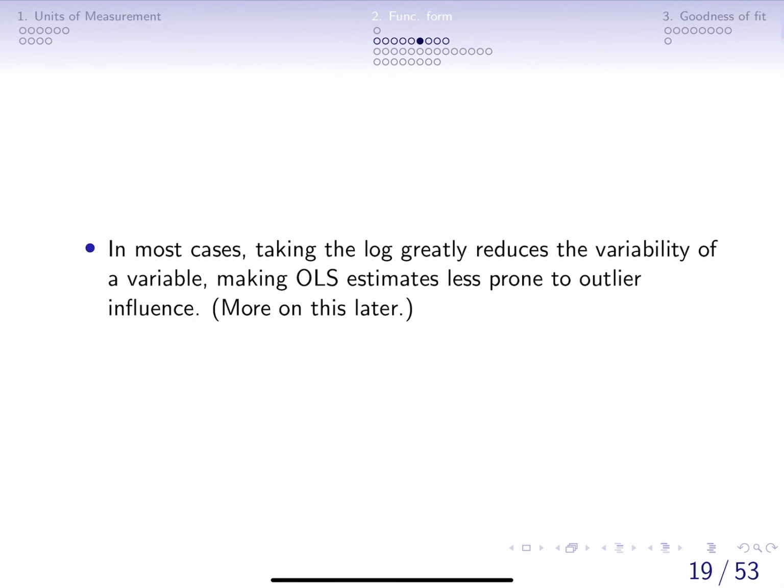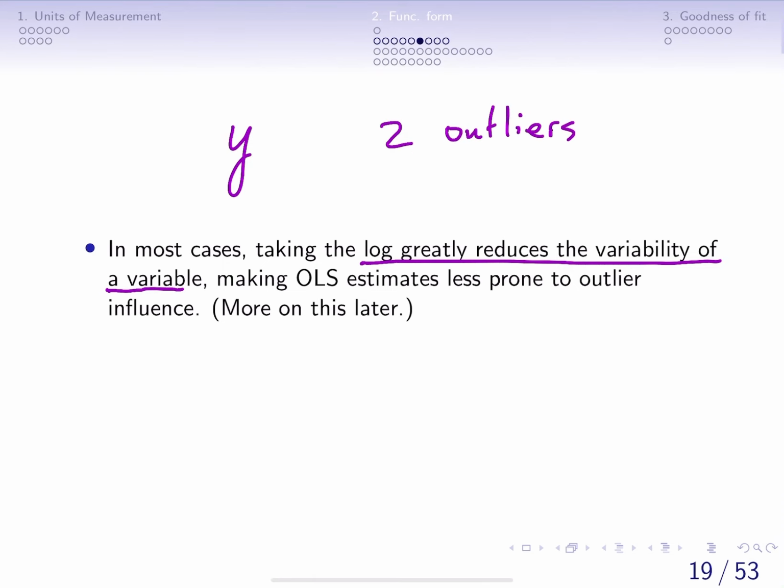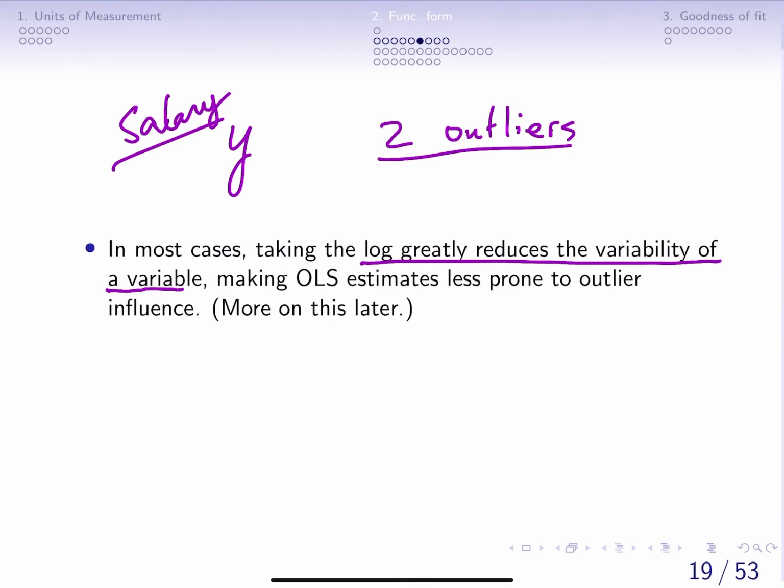But what logs also do is that logs reduce the variation in a variable. So let's say you had a variable y and there were maybe 2 outliers. And let's say y was salary data for a lot of individuals, and there are 2 outliers, maybe 2 CEOs thrown in our sample.